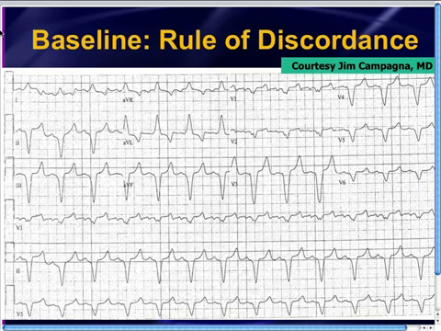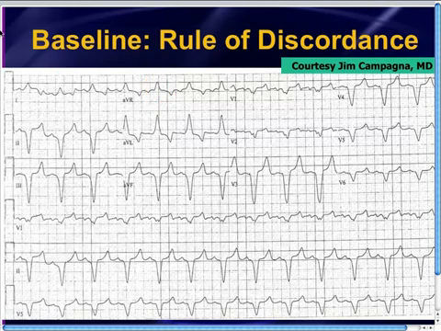What is this rule of appropriate discordance? Essentially what it means is that every time the QRS is mainly pointing north or upwards, you expect to see just a little bit of ST segment depression, or maybe it can be isoelectric, and that's fine also, but in every lead where the QRS is pointing upwards, you're going to see just a little bit of ST segment depression or an isoelectric ST segment.